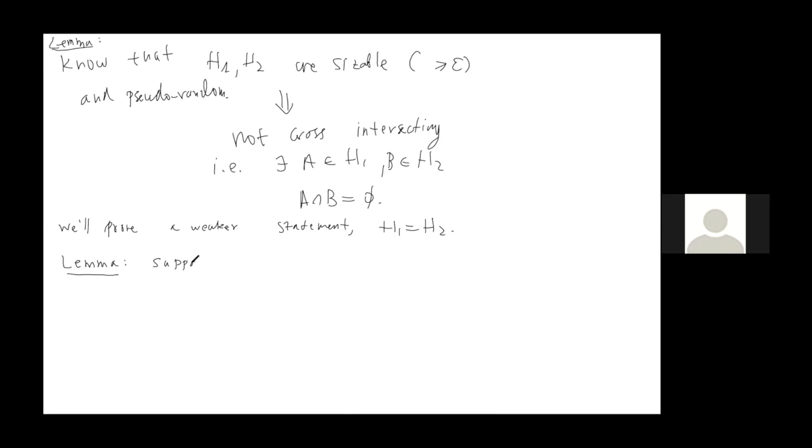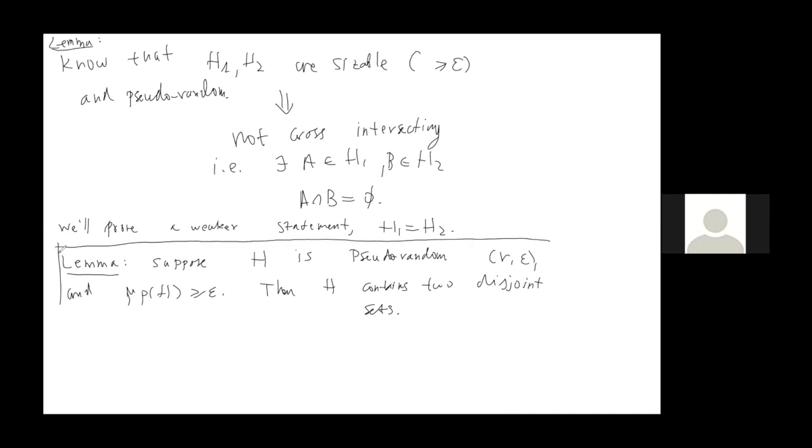Suppose H is pseudo-random with parameters R and epsilon that should be chosen carefully, and the measure is not too small. Then H contains two disjoint sets.